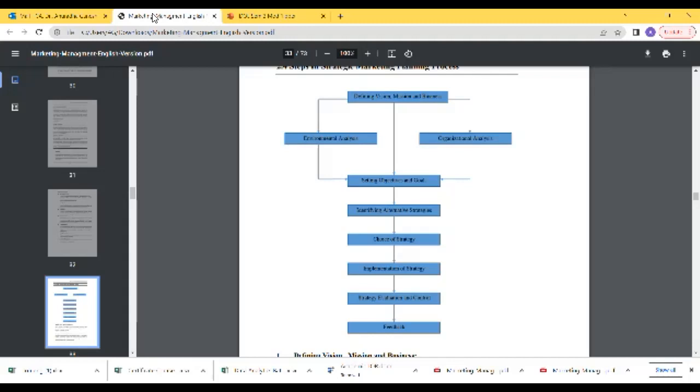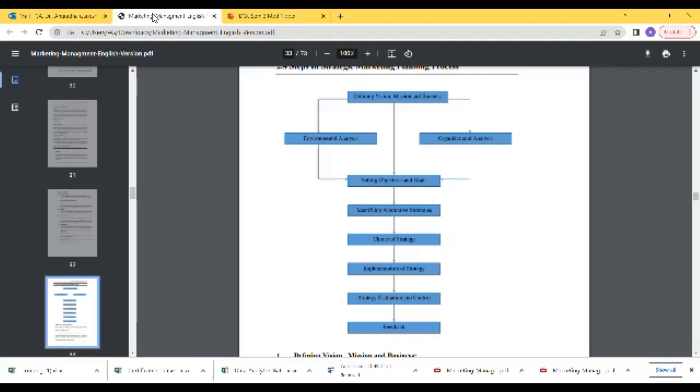So when an analysis is made of the business environment, especially both the external and internal environment, the marketing manager gets a clear idea about what are the opportunities available for the organization, what are the forthcoming threats, what can possibly be the strengths for the organization, whether the government policies are changing, whether they are in favor or whether they are adverse for the organization, whether the international environment is such that it is maybe conducive for selling the products abroad.